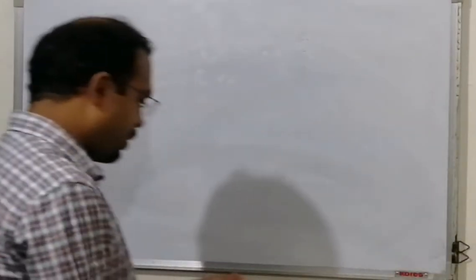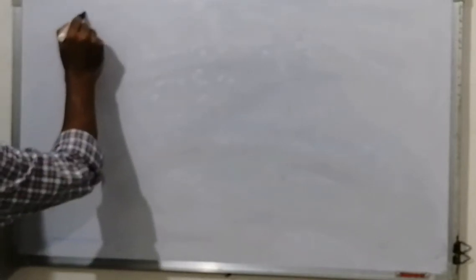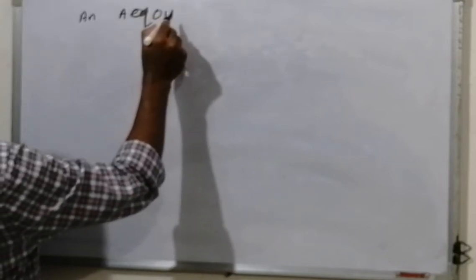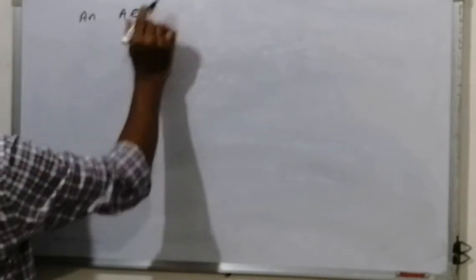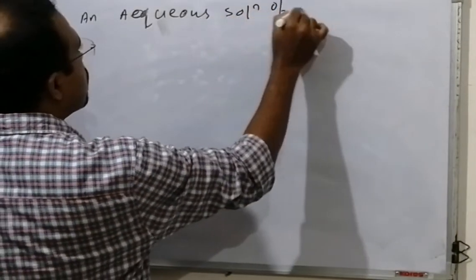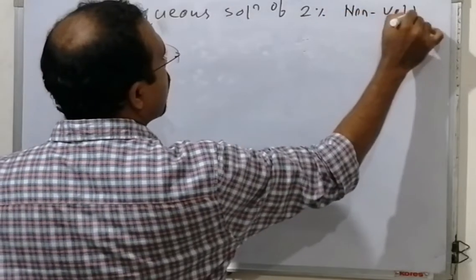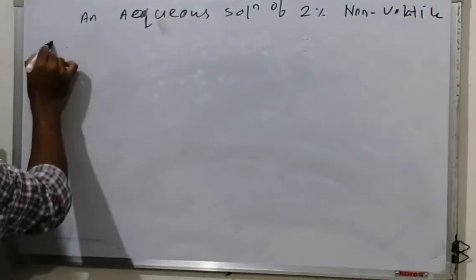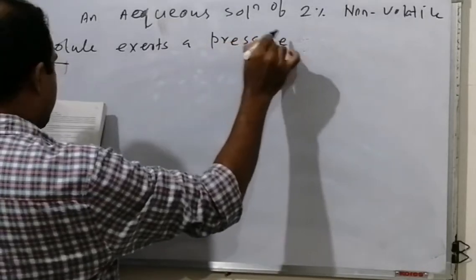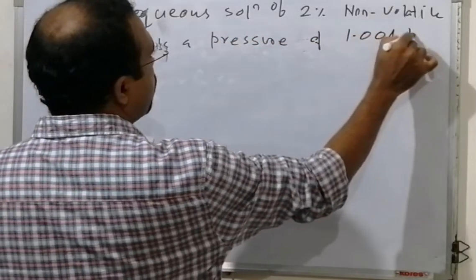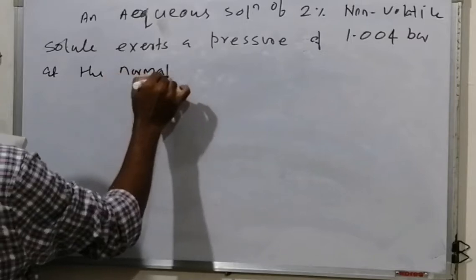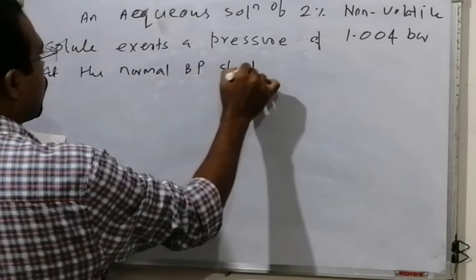The first numerical, please write down. An aqueous solution of 2% non-volatile solute exerts a pressure of 1.004 bar at the normal boiling point of the solvent.